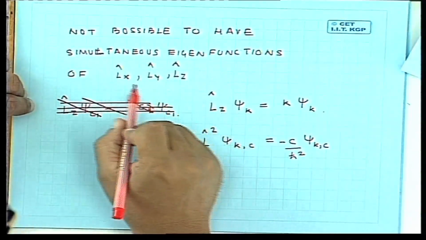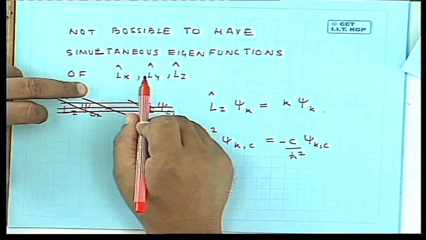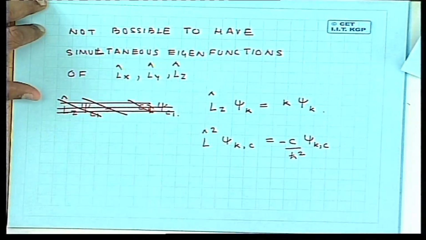Here again there is uncertainty between the different components of the angular momentum. The uncertainty relation is basically a consequence of the commutation relation. If some operators don't commute, then there will be some uncertainty relation between the expectation values of these quantities. The exact relation we shall derive later in the course, but keep in mind that there are uncertainty relations between the expectation values of L squared, Lx squared, Ly squared, and Lz squared.